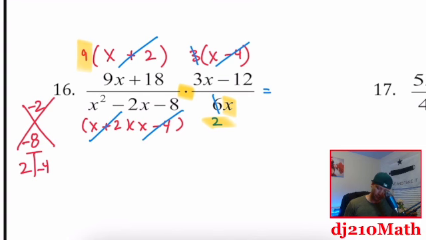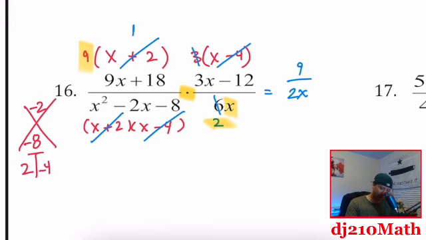So final answer, 9 over 2x. Anytime there's a cancel, this is a 1, this is a 1, and so on. Technically that's 2. But yes, ones don't mean anything. So final answer.